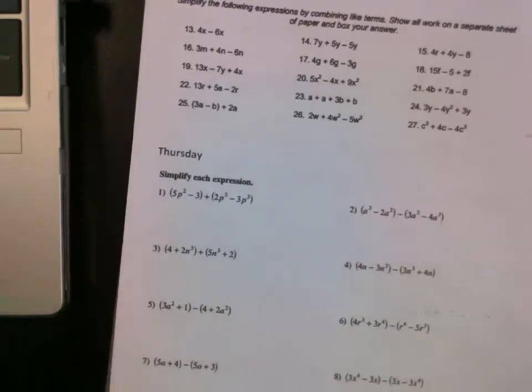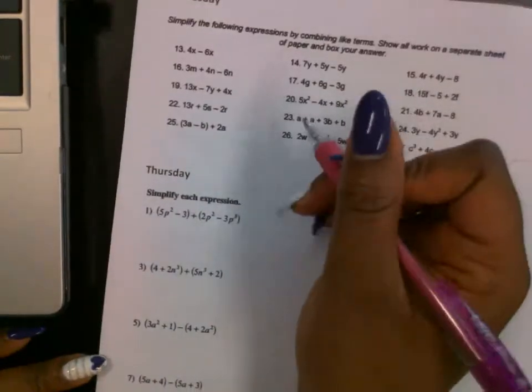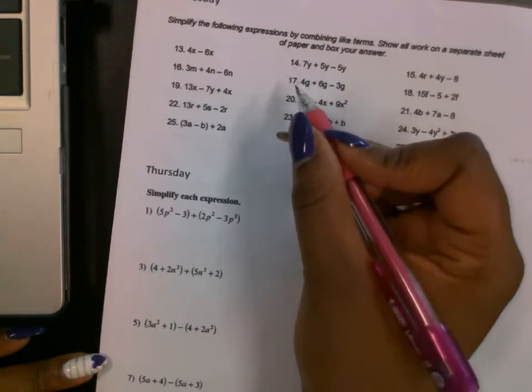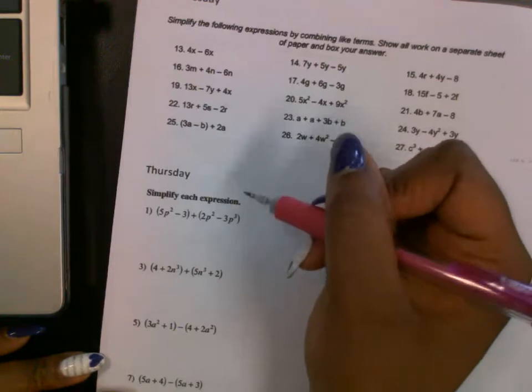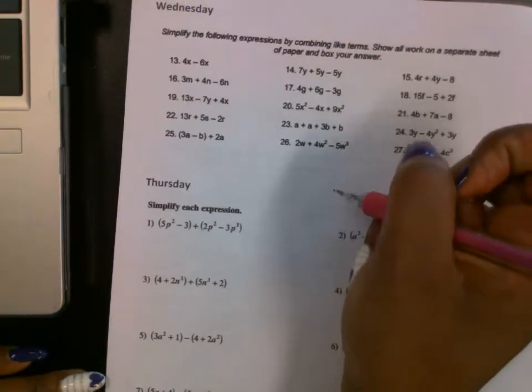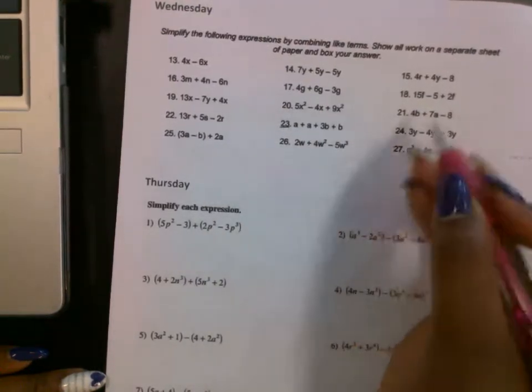Wednesday. All right. I'm not going to, well, I could probably do some of these on here. All right. So, who had questions about this one again? I forgot. All right. So, which one do you want me to do, babe? 23 and 24?